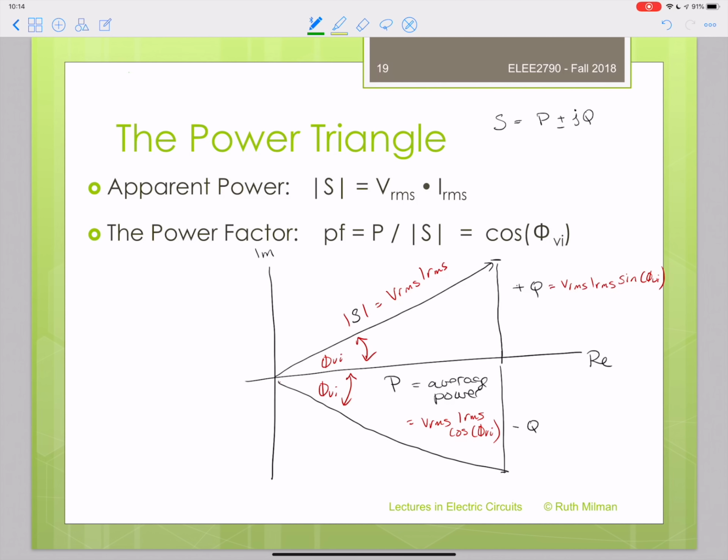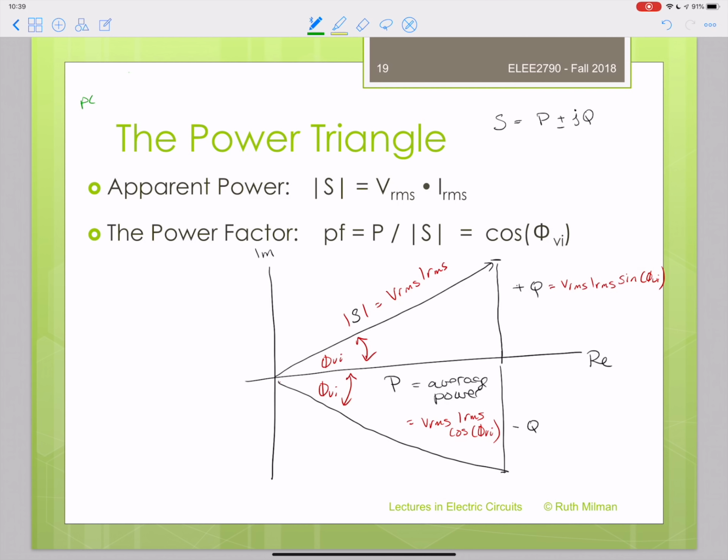In order to really understand the importance of the power triangle, we're going to go back for a minute to the instantaneous power. In order to fully understand the benefit that the power triangle has in terms of analysis, let's take a quick look back at the original equations.